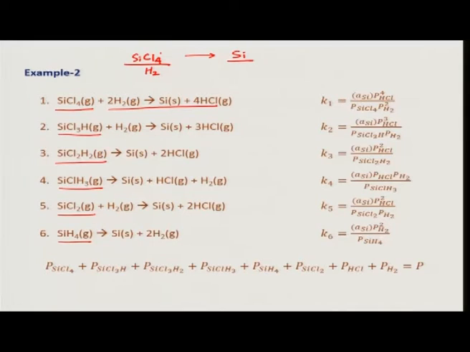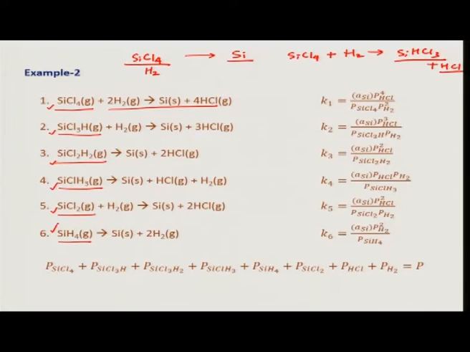Because in some reactions silicon tetrachloride will react with hydrogen to give you SiHCl3 plus hydrogen chloride. So, this reaction will also happen inside the reactor in the gas phase. So, you will have all these gaseous species present.